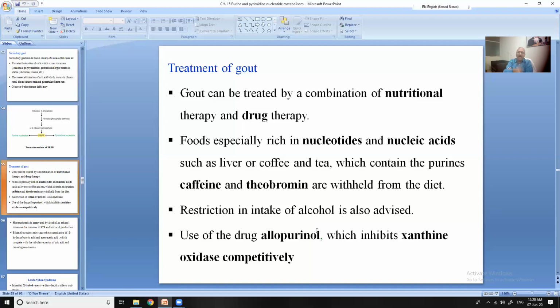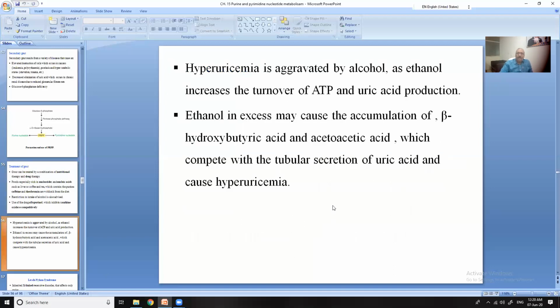So it is all the treatment of gout: coffee, tea and caffeine are stopped, alcohol is not advised, and the drug allopurinol is used to control gout. Hyperuricemia is aggravated by alcohol, as ethanol increases the turnover, as in the earlier slide.